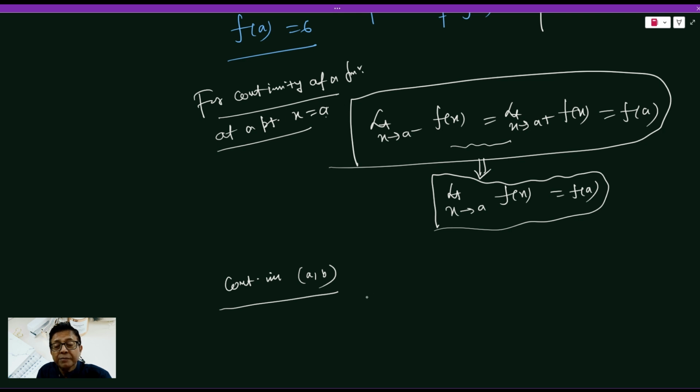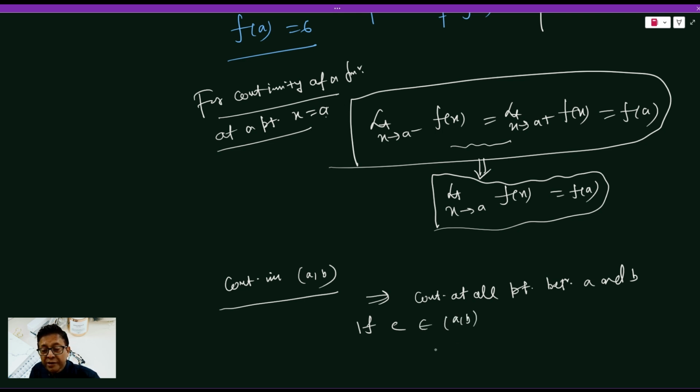Continuity in AB means the function y equal to f(x) is continuous at all points between A and B. If C is an arbitrary point belonging to AB, then for continuity, limit x tending to C f(x) must be equal to f(C).